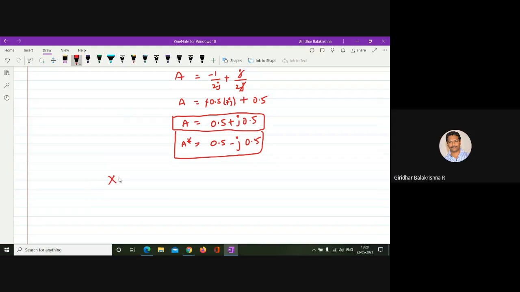Therefore, X of z by z equals (0.5 plus j 0.5) by z minus of minus 1 plus j, plus the conjugate (0.5 minus j 0.5) by z minus of minus 1 minus j.